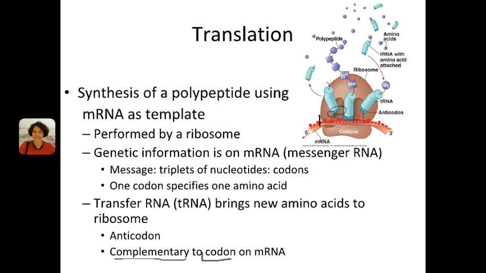You've got 3 nucleotides forming one codon, and then each individual transfer RNA is going to be complementary to one codon. So one anticodon binds to one codon on one side of the transfer RNA, and on the other side of the transfer RNA we see that it carries an amino acid that is going to be incorporated into a polypeptide chain, and we see that over here, and that is all accomplished by the ribosome.